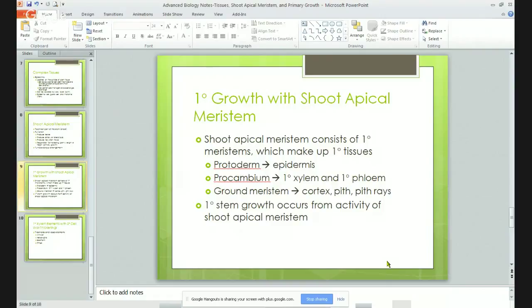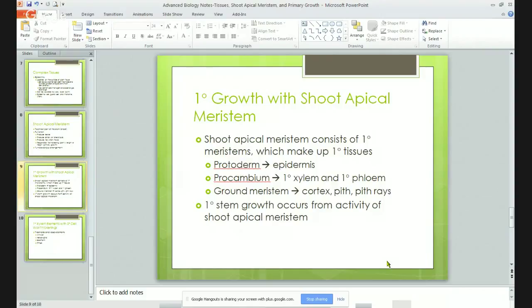You see the little squiggly helical lines there on the outside edges of your stem. I've labeled those.